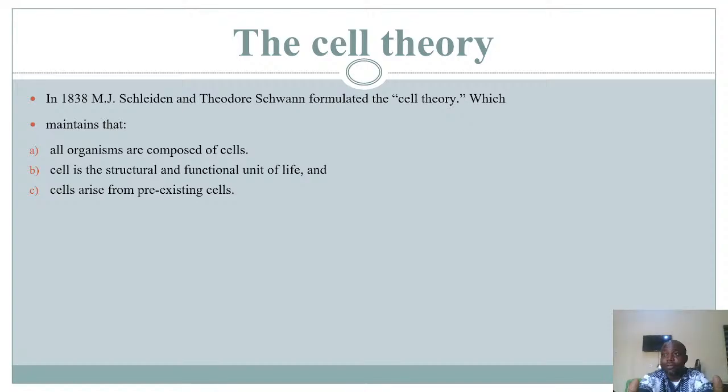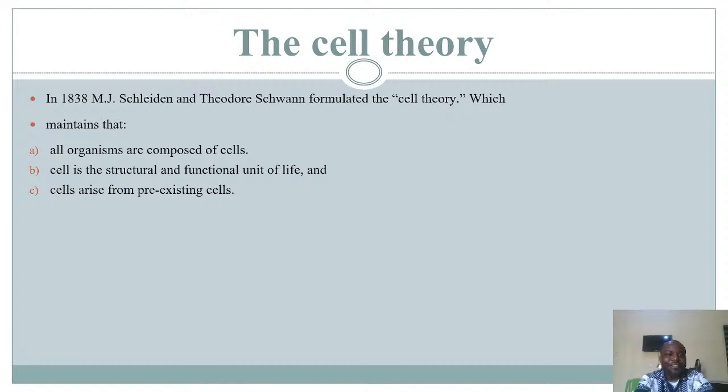It is the basis upon which they are built. And these cells are capable of carrying out all the functions of life. They said in 1838 that if an organism is said to be a living thing, then it is made up of what? Cell. And so all organisms are composed of cells. That is the first one.